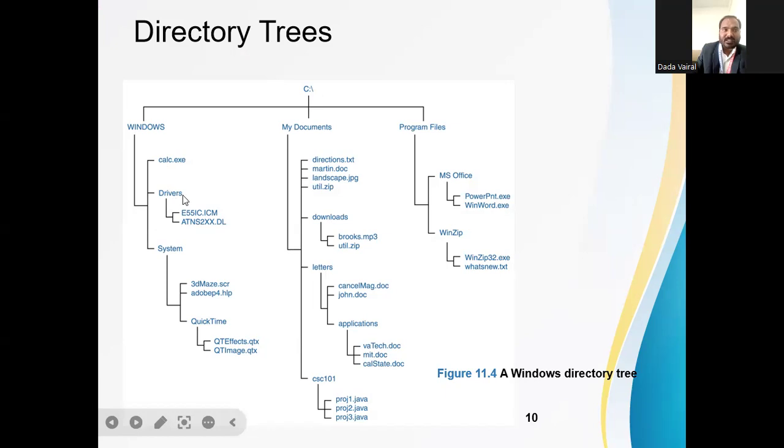Drivers is a directory, and it contains 2 files, icm.dll and another. System directory is there. It contains another 2 files, with scr and hip extensions. These are the files. Then another system directory contains 2 files and one sub directory also, and that directory contains another. Got it? Fine. This is the tree structure of the directory.